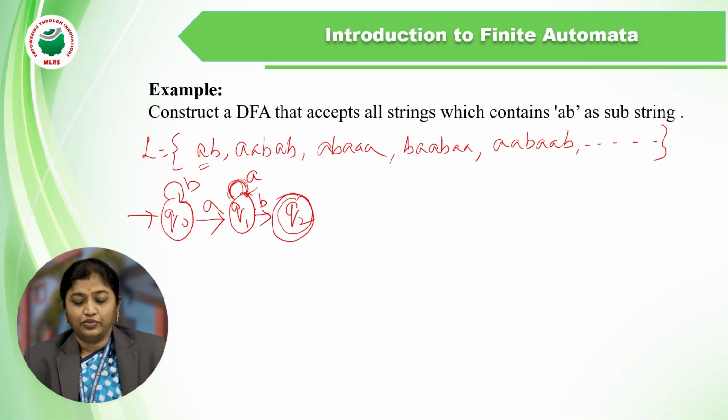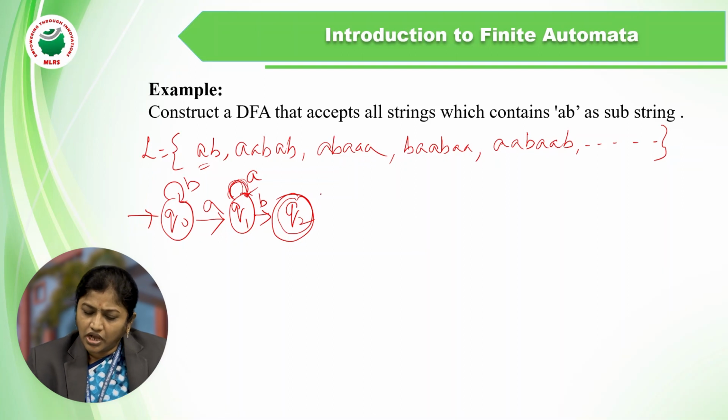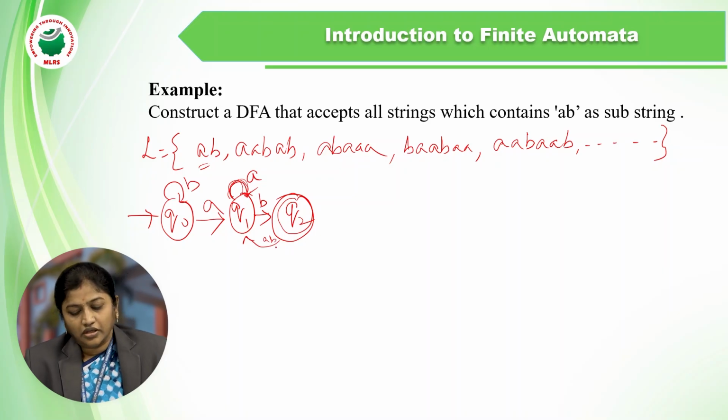Next, what about Q2? Q2 can be anything again. We can take it as a loop. Again, if we take it here, what are the possibilities to reach the final state, A, B. Then again, if a B comes here, then how? It is ending with BB. So don't consider that here.